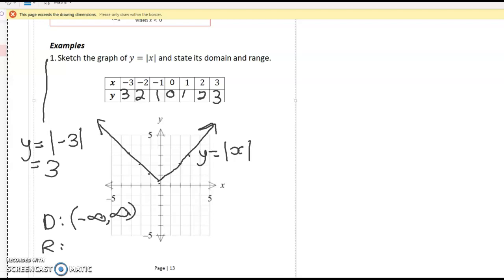That's the lowest point, and it includes 0, so it will be 0 with a square bracket up to positive infinity. Okay, that's question 1. Let's have a look at question 2.